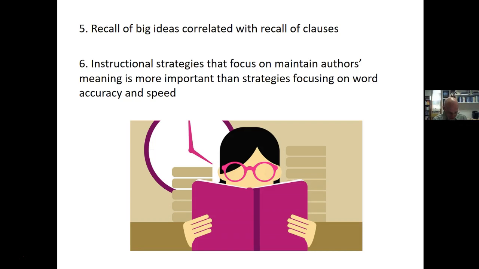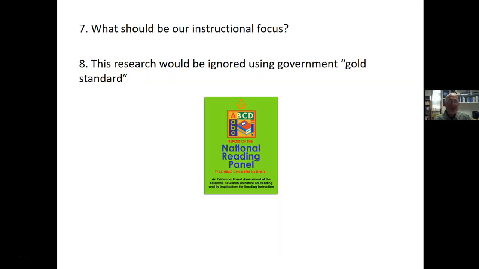Okay, so recall of the big ideas correlated with structure, and instructional strategies should focus on maintaining author's meaning. That's more important than focusing on word accuracy and speed. We need to focus our instructional strategies on those things that maintain meaning versus word accuracy and speed.